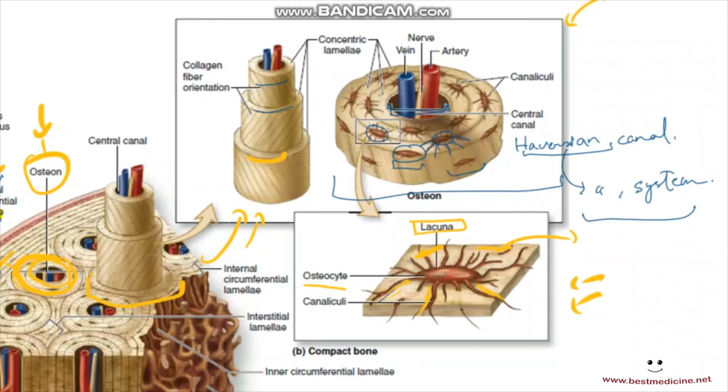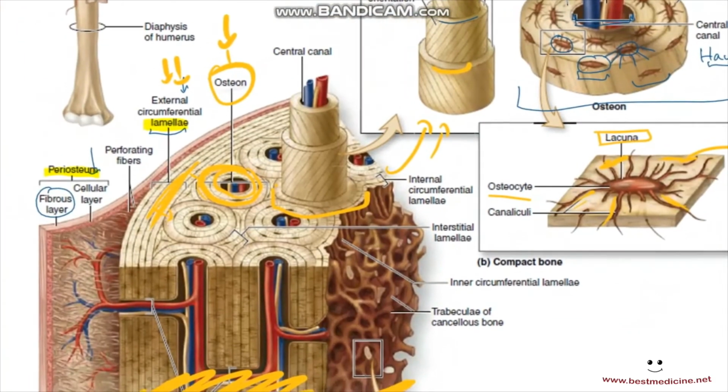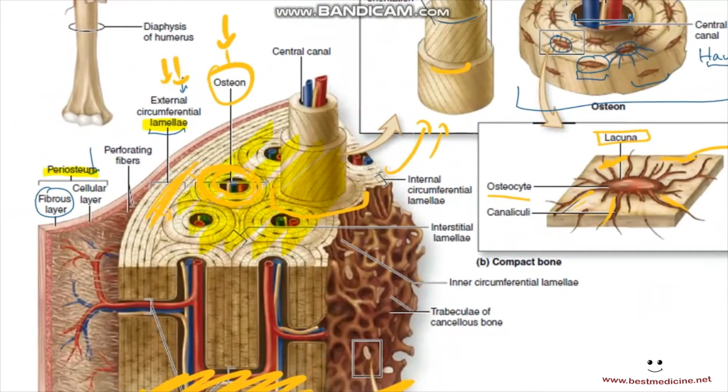All right, so this highlighted one right here is a horizontal cross section of the compact bone, right? But this right here, which I'm highlighting just now, I don't think you guys can see it, this is a vertical cross section of the compact bone. And what it shows right here is the Haversian system, right?